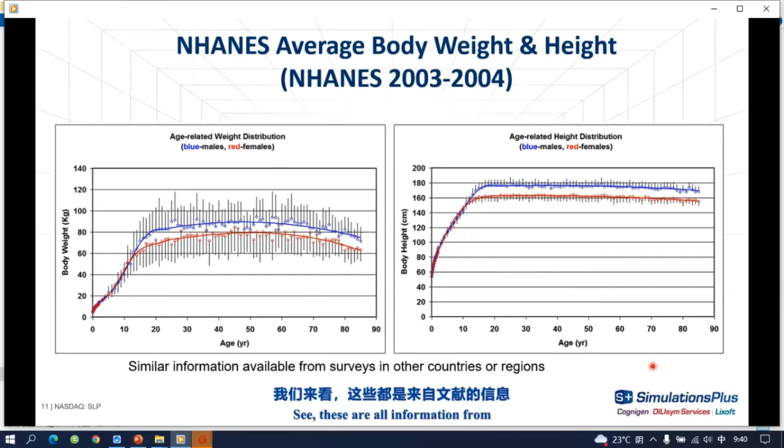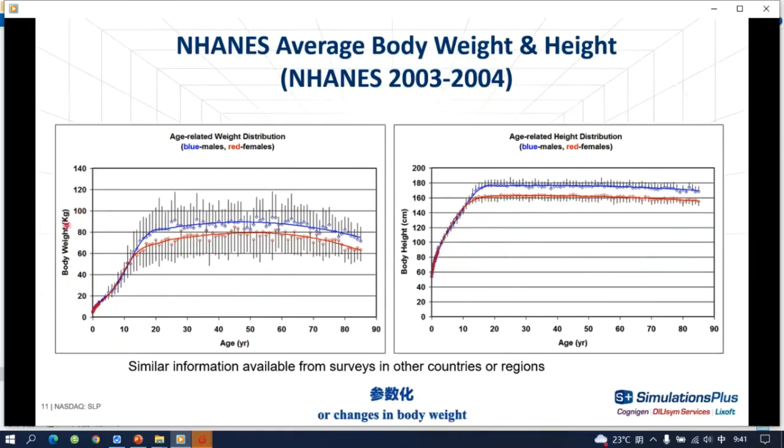And these are, as you will see, all information from literature, from various public sources. So other models would be using very similar information to parameterize the models, but the actual equations might, of course, vary.